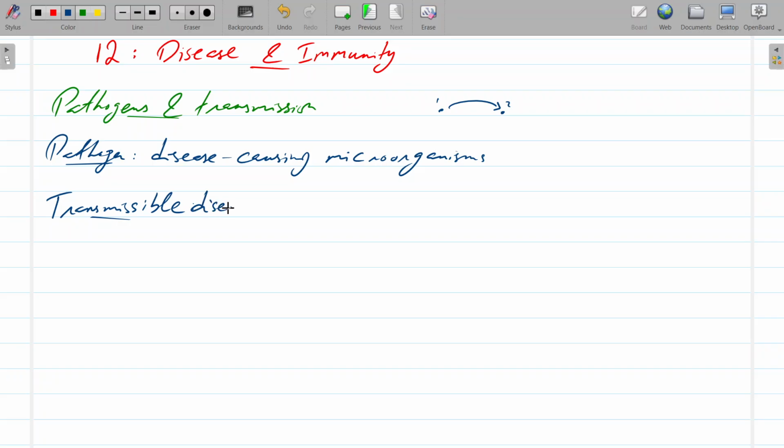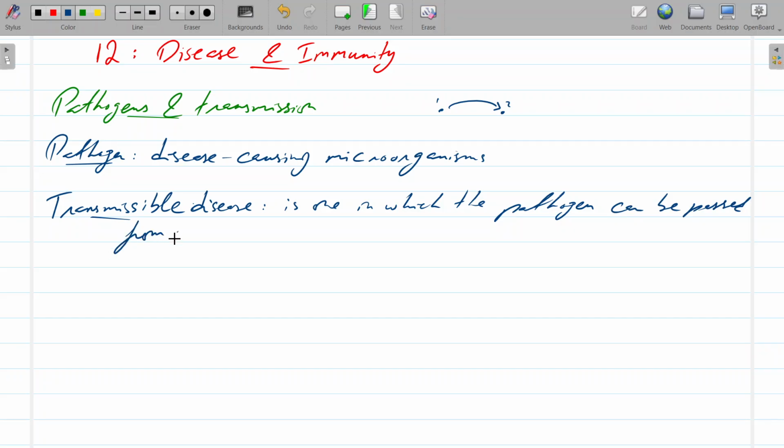A transmissible disease is one in which the pathogen can be passed from one host to the next.